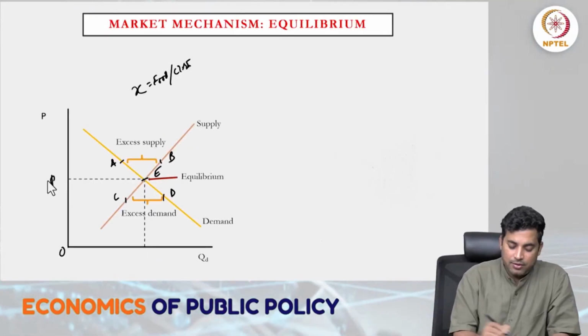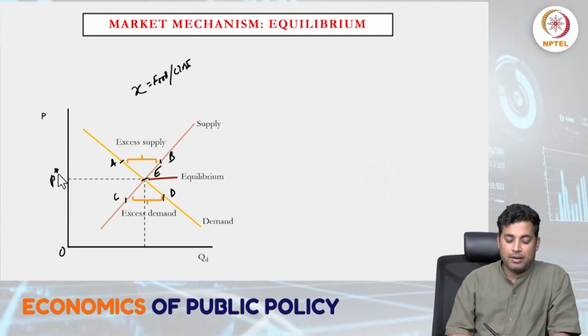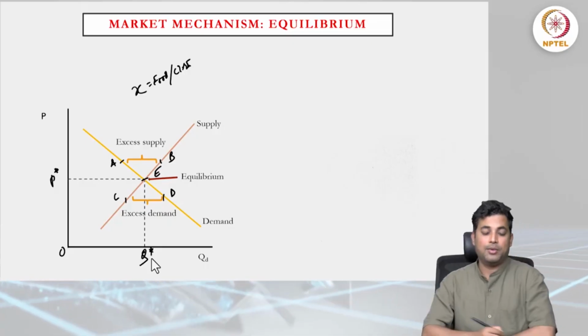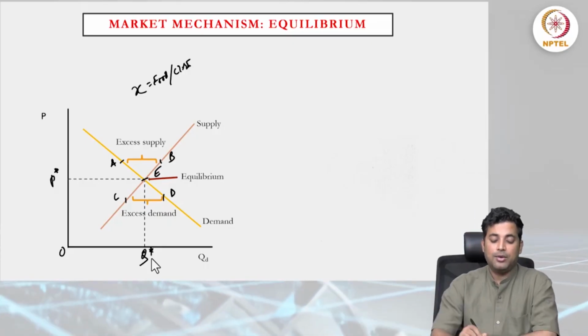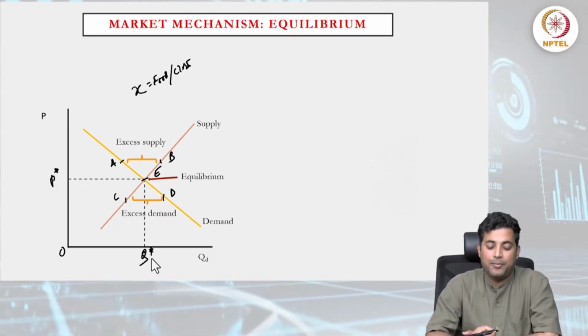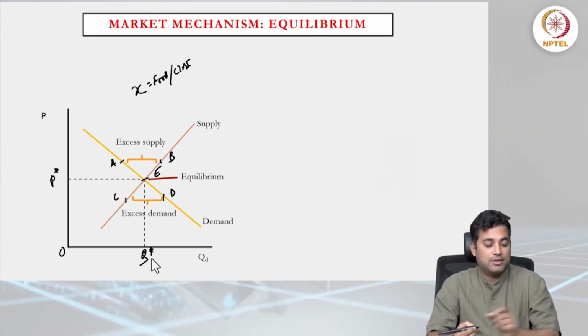So this is the equilibrium price, and here the equilibrium level of quantity.